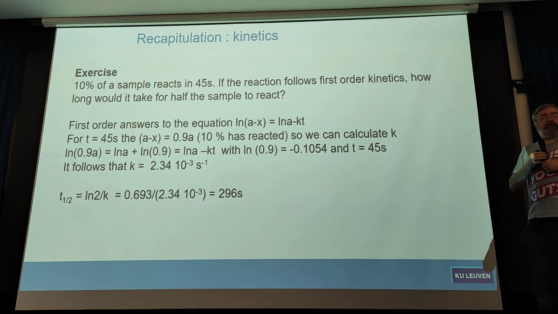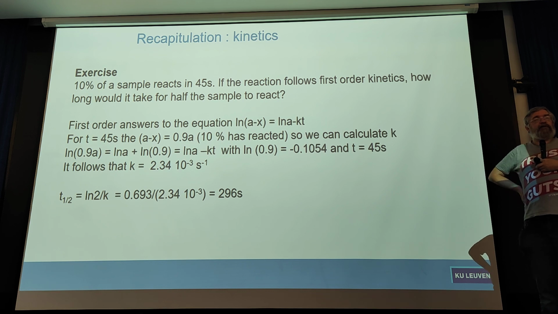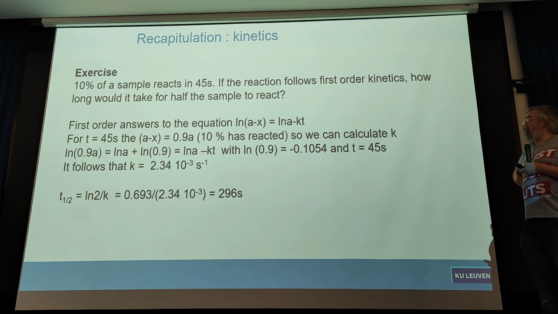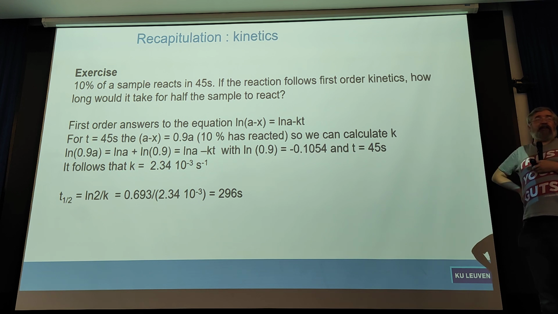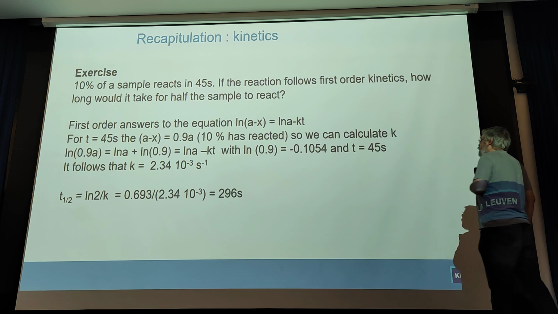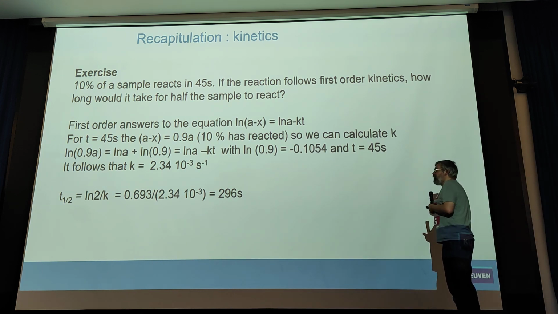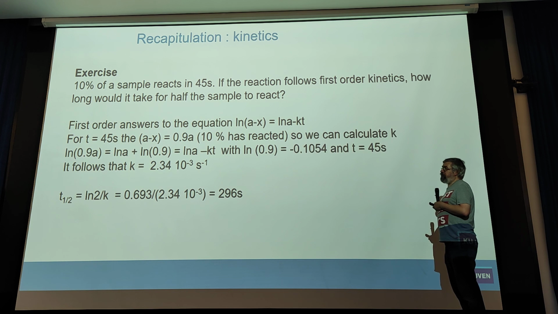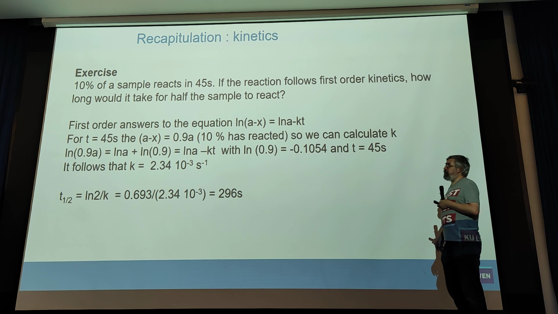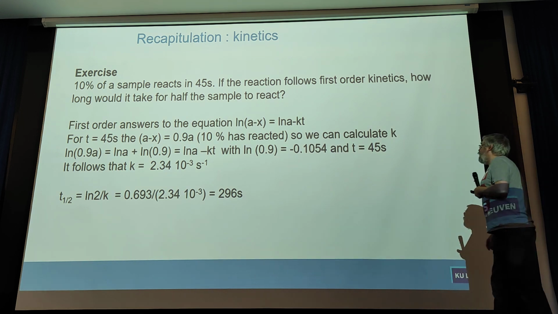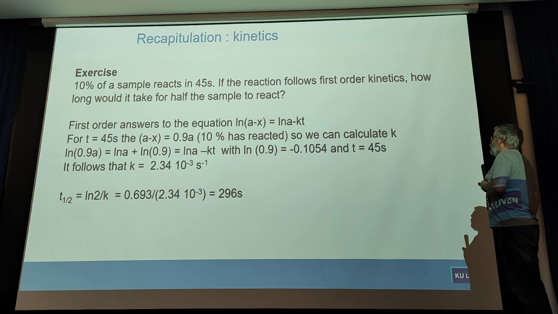So let's apply that for the situation at 45 seconds. That means that A minus x at that point is 90% of the original A, or 0.9 A. So we could calculate k from that, because the logarithm of 0.9A is logarithm A plus logarithm 0.9, which is minus kt.